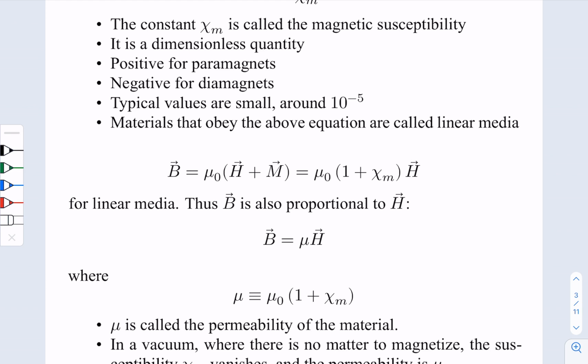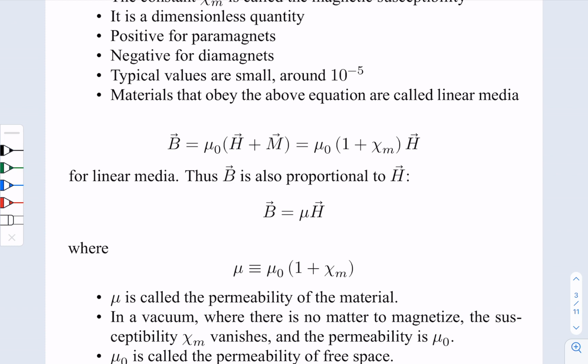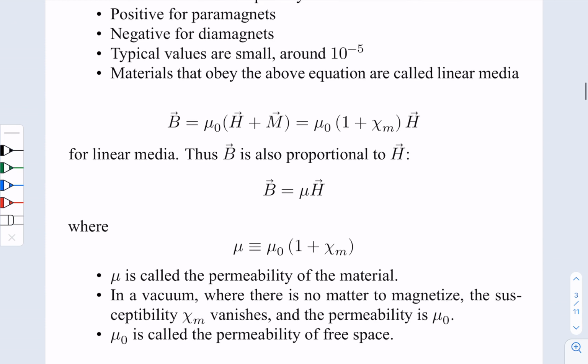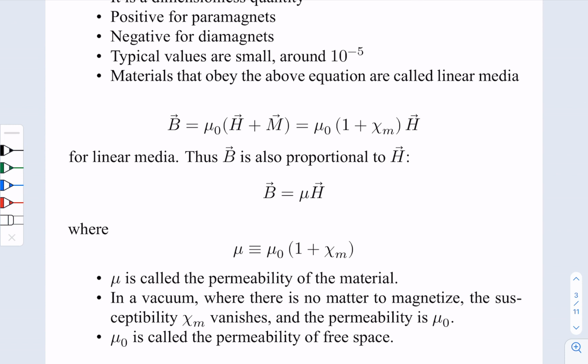We can define this entire thing as the permeability of the material, and in the electrostatic problem, the corresponding quantity is permittivity. So try to pay attention to the subtle difference. In vacuum, this chi M is 0, and the permeability is simply mu naught, which is called the permeability of free space.